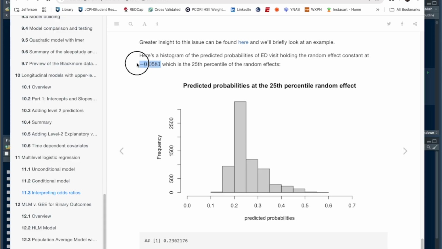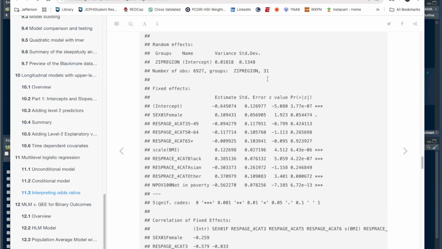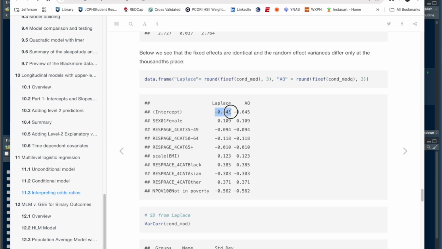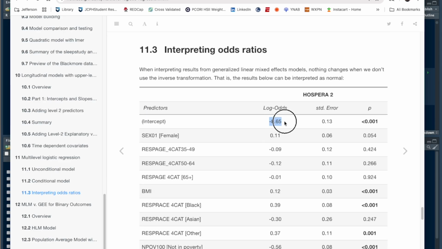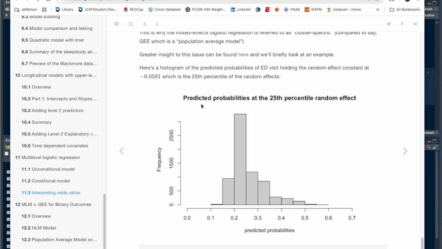Remember the average from the unconditional model. Actually, this is a conditional model, so the conditional estimate of the log odds is a little bit higher in this model because of the reference groups. Anyway, this cluster, ignoring the other stuff about the people, has a slightly reduced log odds of ED visits.